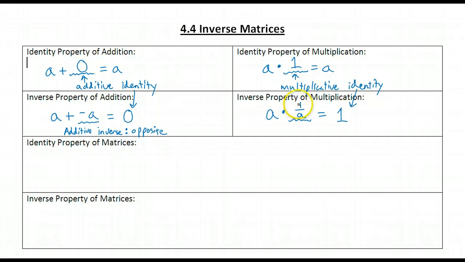A times 1 over A gives me 1 for an answer. 1 over A is the multiplicative inverse. One over A is the reciprocal of A.